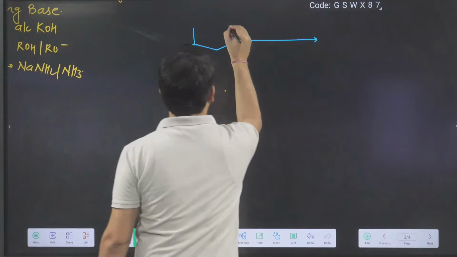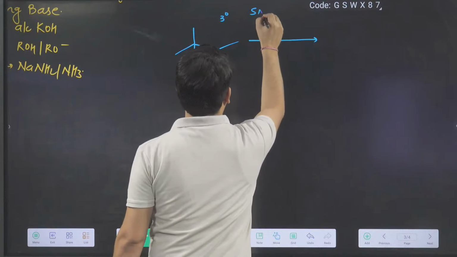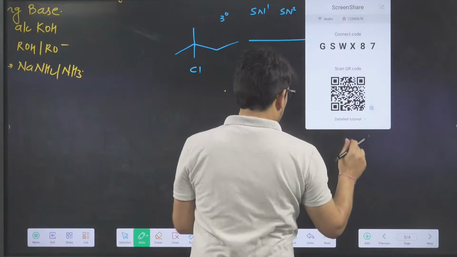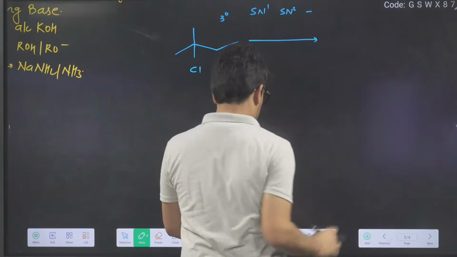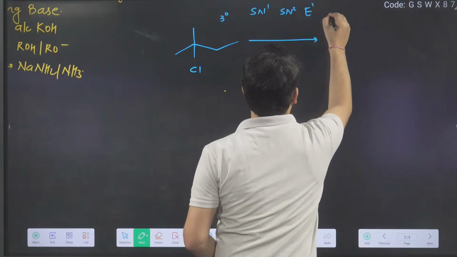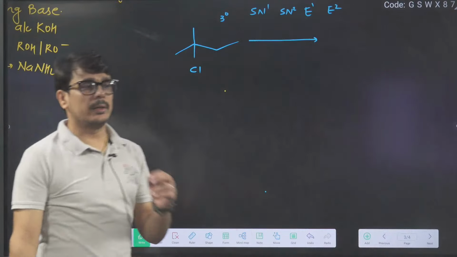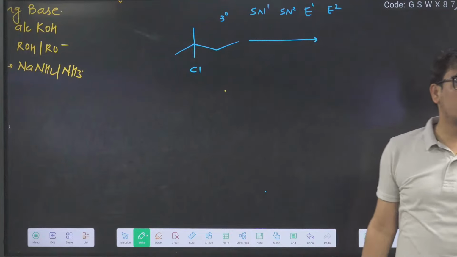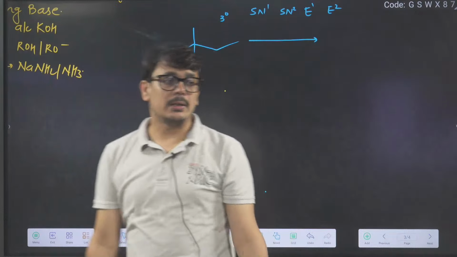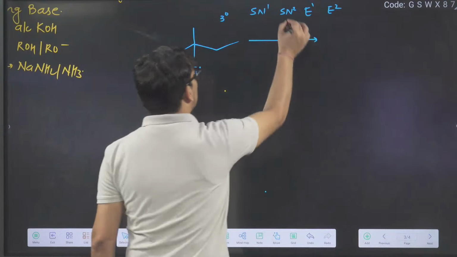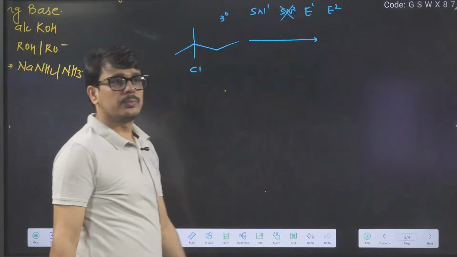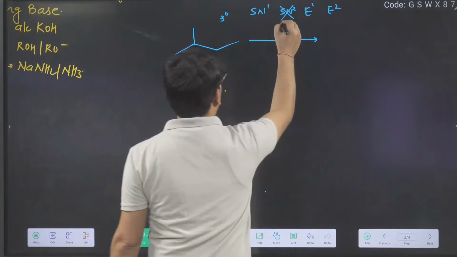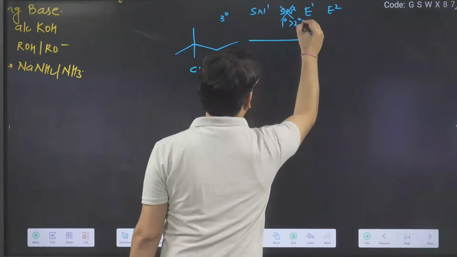So if this is 3 degree, then among SN1, SN2, E1, E2, which one is eliminated? Without checking anything, which one is strictly not possible? SN2. If you remember, SN2 order was 1, 2, 3.